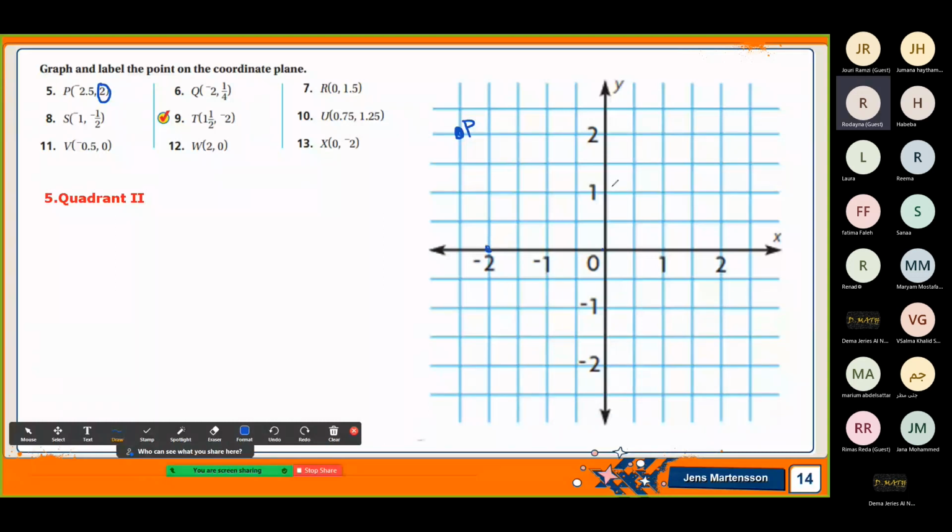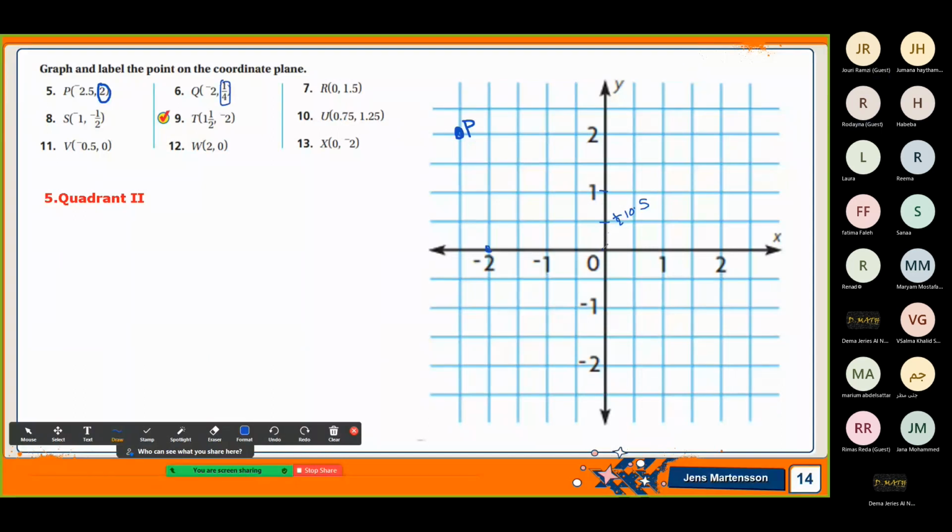So here you have 1. Here you have 0.5, or you can say half. Now where is 1 over 4? Between 1/2 and 1? No, you are on the y now.